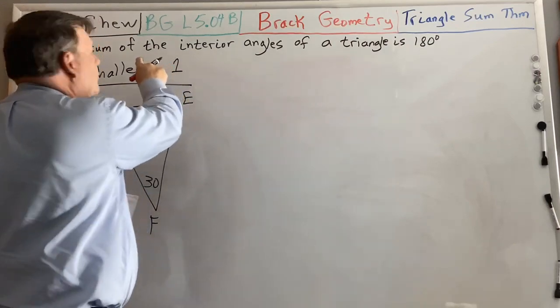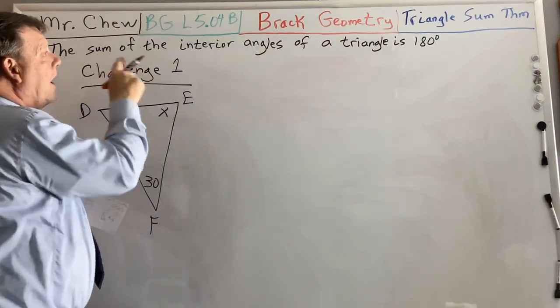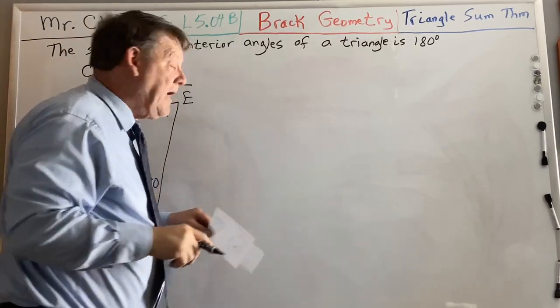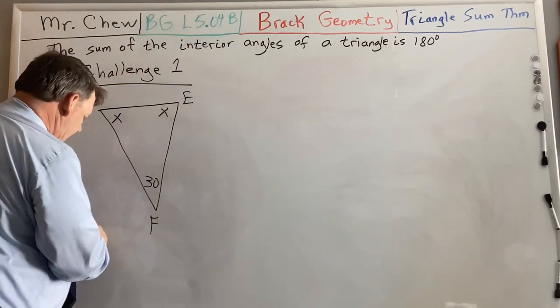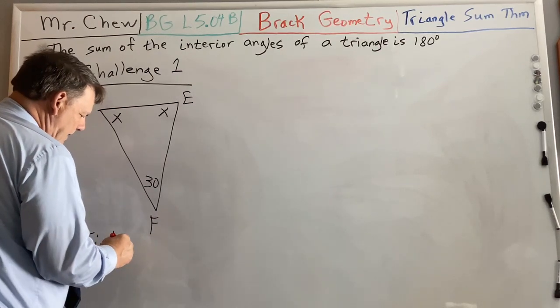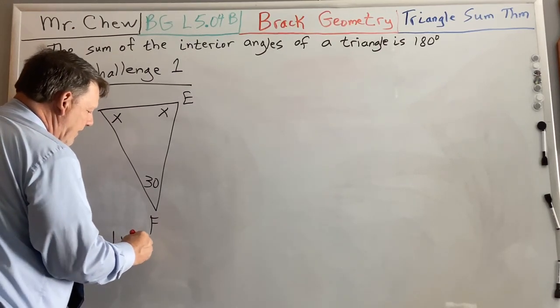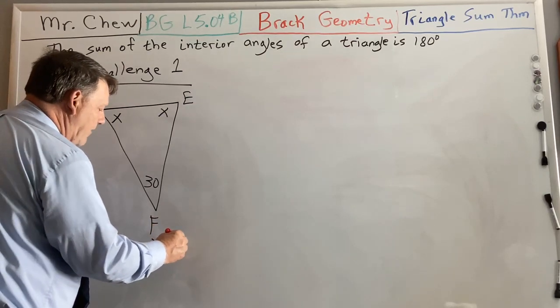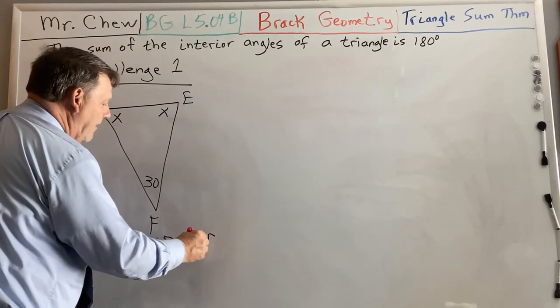So use the triangle sum theorem, which says the sum of all interior angles is 180. And I want you to find x, find the measure of angle D, and find the measure of angle E.